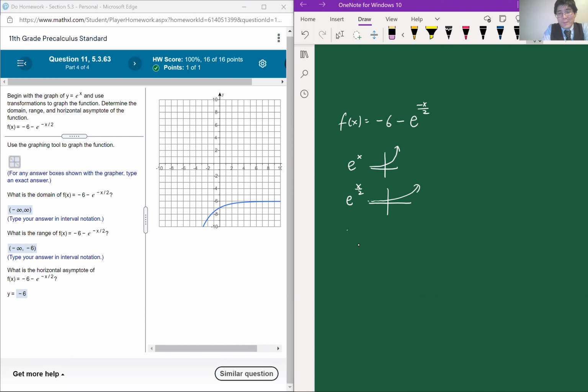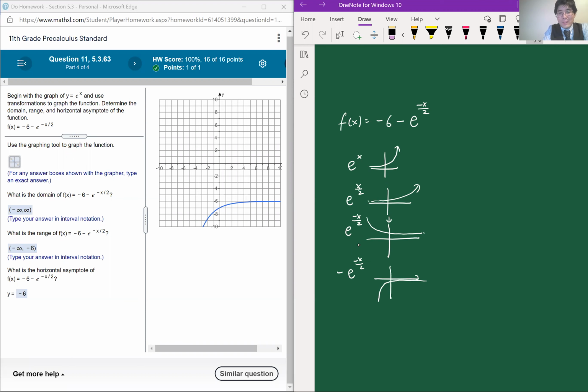Then x is replaced by negative x, which means there's going to be a horizontal reflection with respect to the y-axis. So the graph looks like this. Then everything is multiplied by negative 1, so there's going to be a vertical reflection with respect to the x-axis. So the graph looks like this.